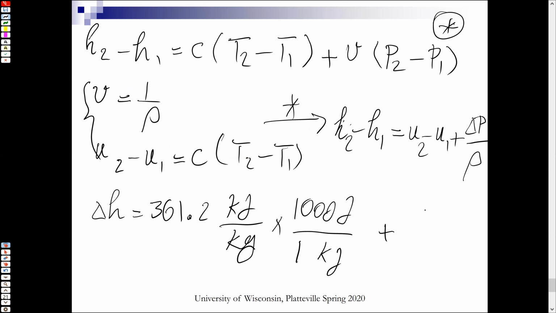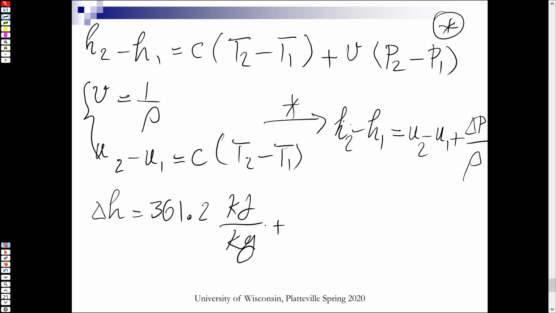My pressure was in, let me just erase this one. Instead of this one, I'm going to write everything in kilo. It will give me an easier time. Okay, this is in kilojoules, so I write pressure in kilopascal.